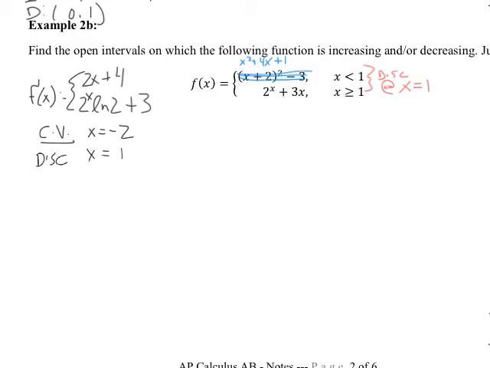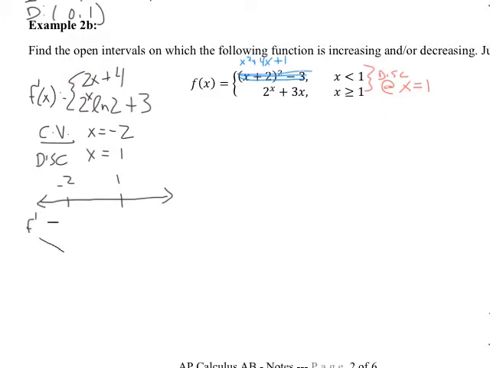So when we draw our number line, we have two spots that we want to consider. We want to consider -2, and we want to consider 1. And now we test f prime. So if we take a value less than -2, and we'll say plug -3 into this, we see that our derivative is negative.